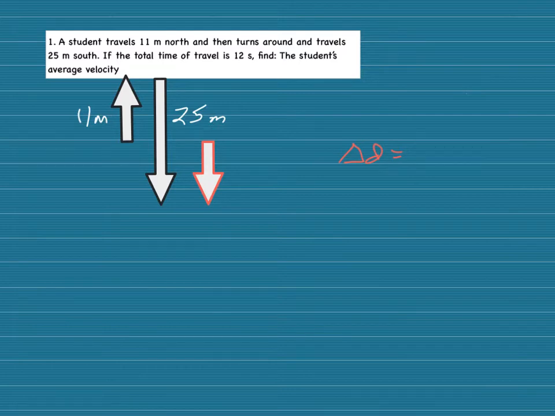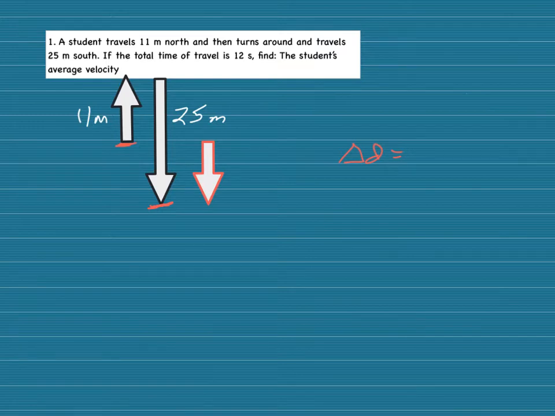So displacement would be from where they start, right here, to where they end up. And it has a direction. Since it's a vector quantity, displacement has a direction associated with it if you're given a direction in the problem. Some problems won't have a direction and you don't have to worry about it. But sometimes you will be given a direction and you need to show that.